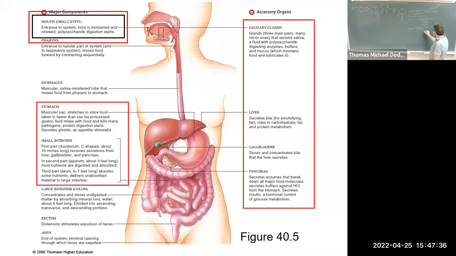So what do we digest in the small intestine? We don't digest bile, actually. Lipids. That all?